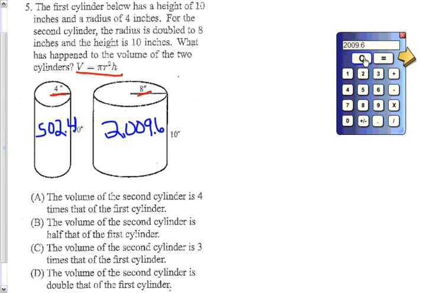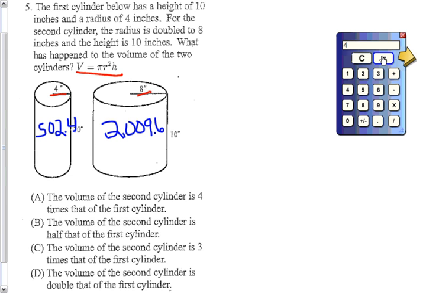And we'll do some calculations over here as we look at it. The volume of the second cylinder is 4 times that of the first cylinder. So comparing the second one, how many times bigger is it than the first one? And what we can do to find that out is we can divide the volume of the bigger cylinder, the second one, by the volume of the smaller cylinder. So 2009.6, and then divide that by 502.4.